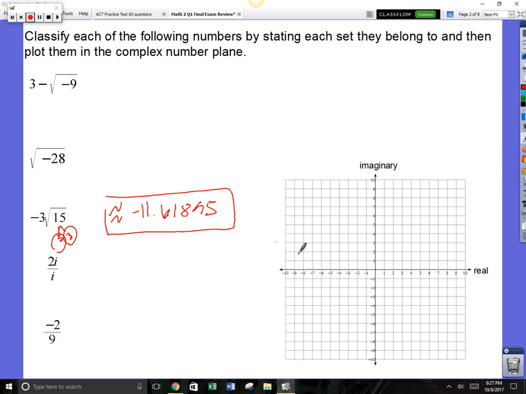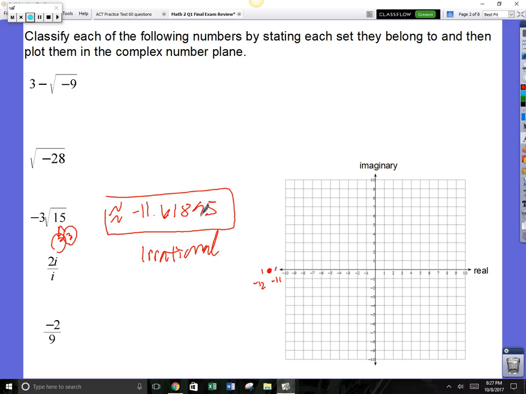So negative 11.6 is somewhere over here. There's negative 11. There's negative 12. It's between the negative 11 and negative 12. Right there. Okay, now this one. This is classified irrational.